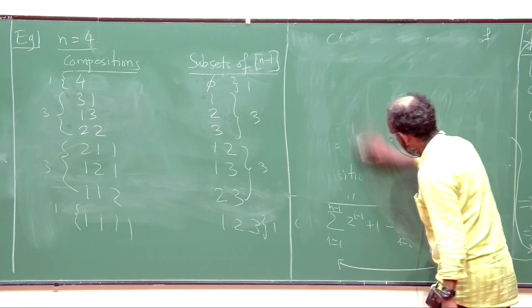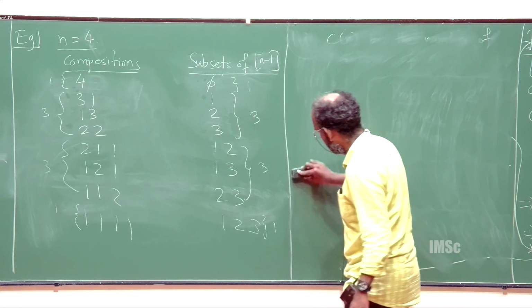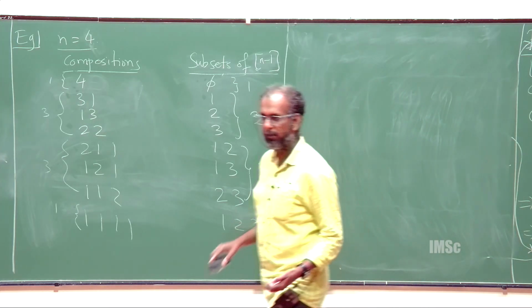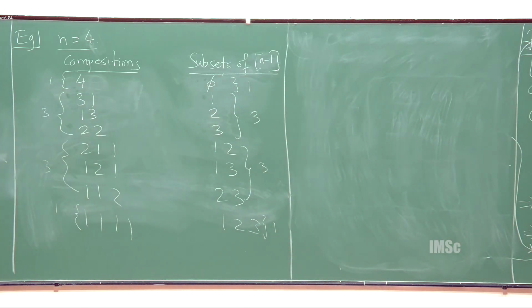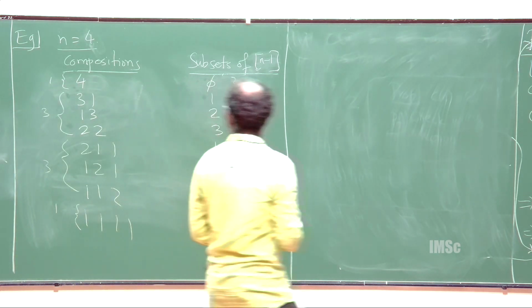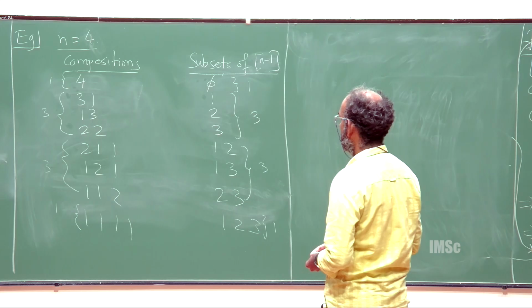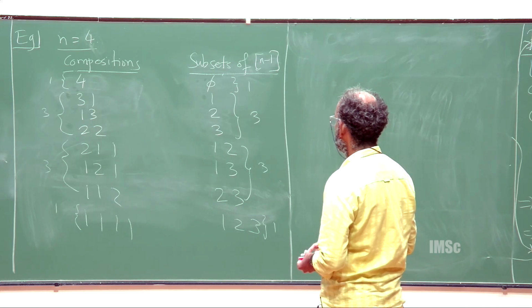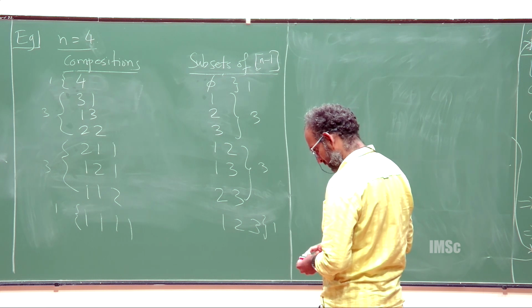So let me propose a bijection for you and we'll check that it is indeed a bijection, and I want you to think of the inverse map. Let me think, which way should I?